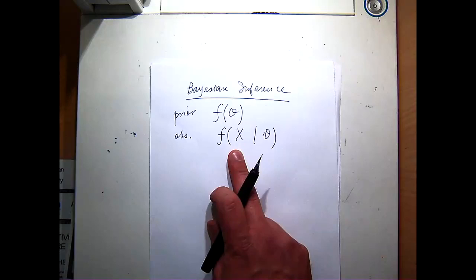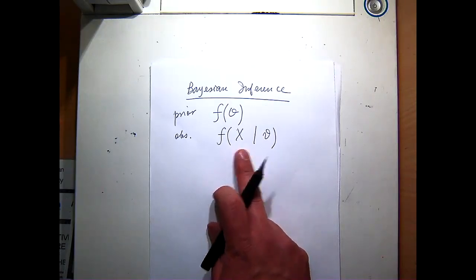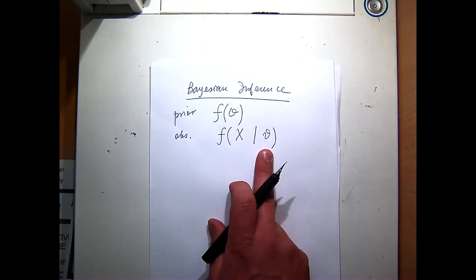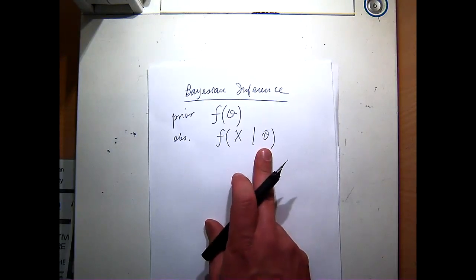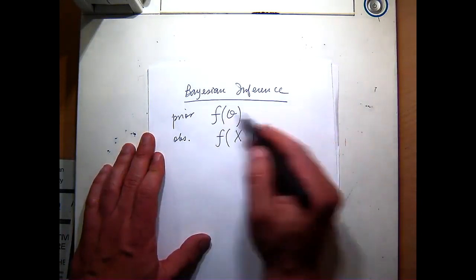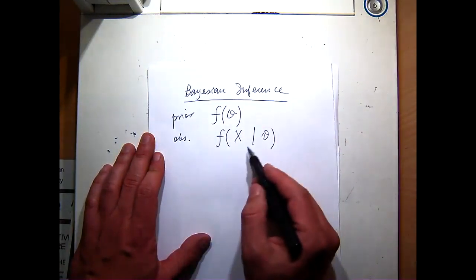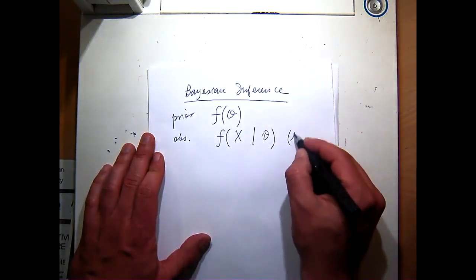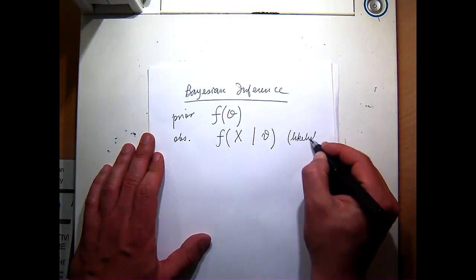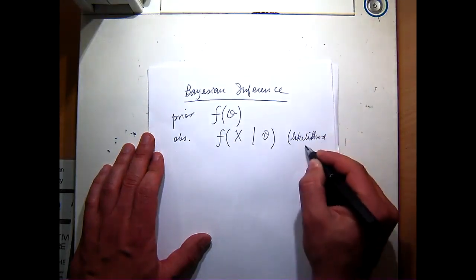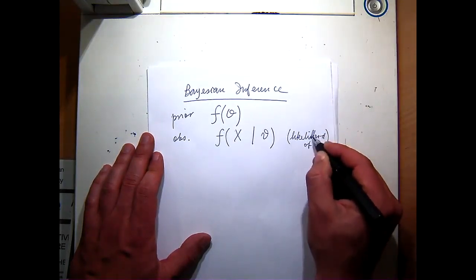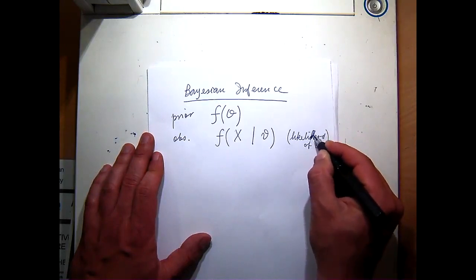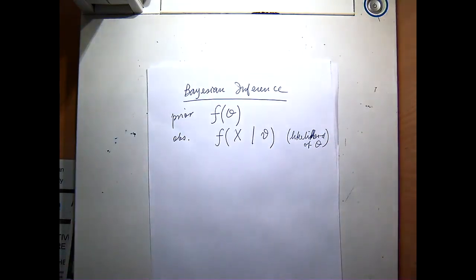But now we're doing Bayesian things, so think of it as a conditional density, because theta could take a whole lot of different values with different probabilities. Conditioned on that particular parameter value you choose, so theta is the unknown parameter, then you have an observation x. This is also called the likelihood. Remember that the likelihood of theta is the conditional density of x given theta, not the conditional probability.